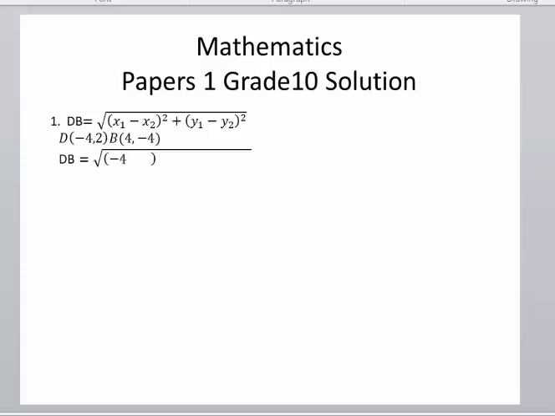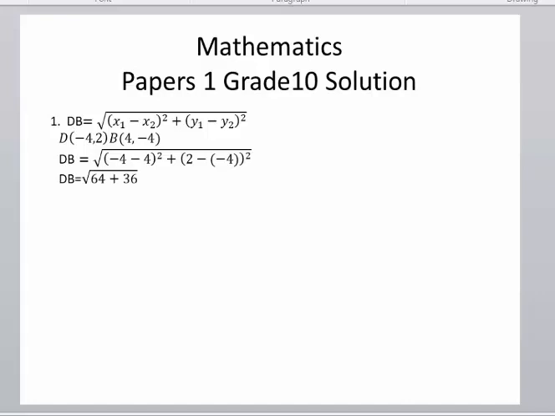Now we are going to substitute the points into the formula. X1 in this case will be -4, and X2 will be 4. Since you are minusing, it will be (-4 minus 4) squared. For your y, you'll have 2 minus -4, all that squared.